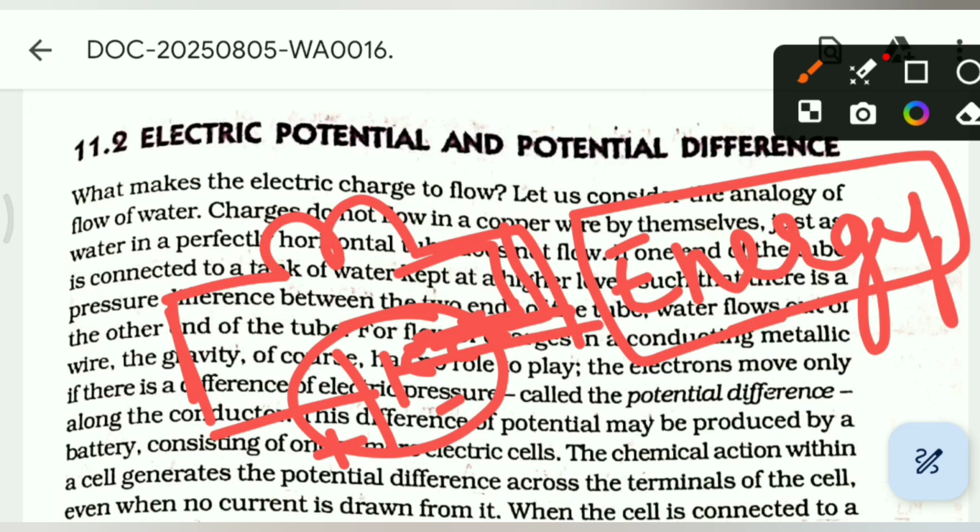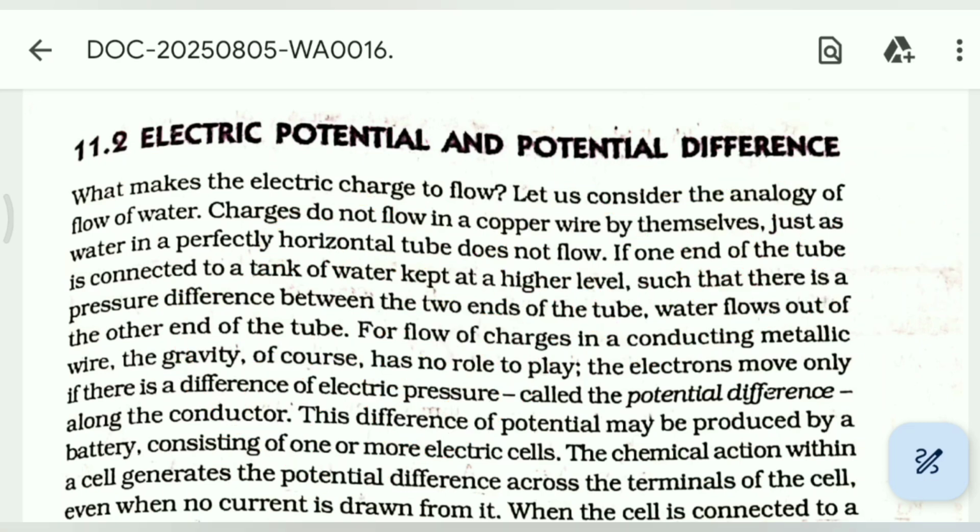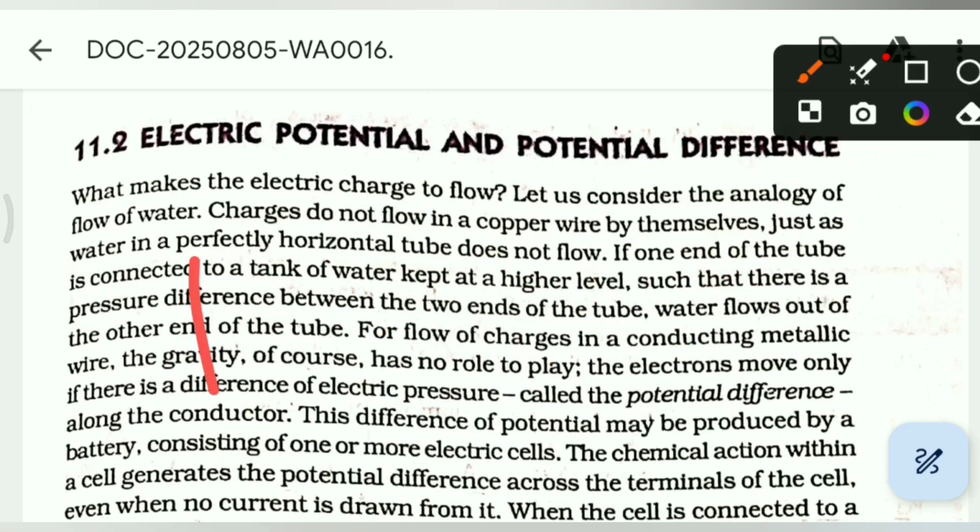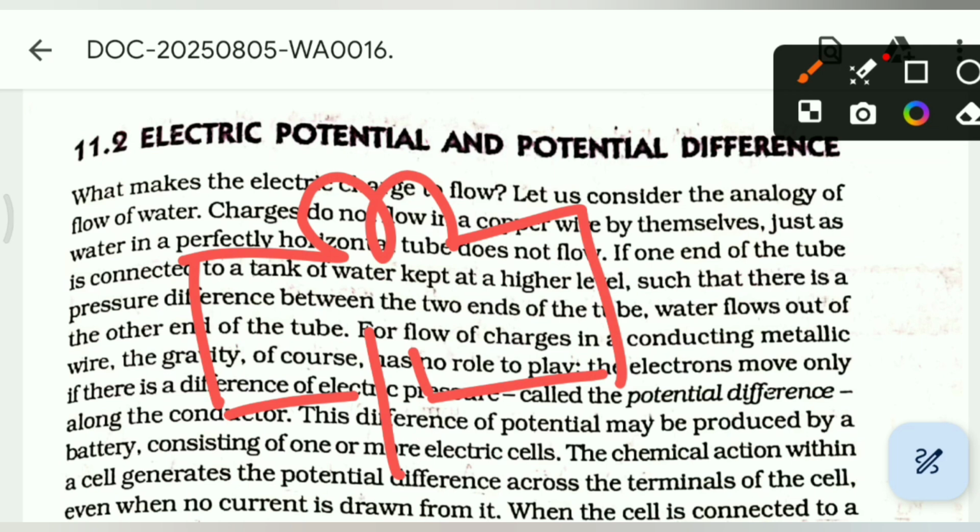But what happens in this battery? Actually, a battery has two terminals, one positive terminal and another negative terminal. But my question is, how do you say that this terminal is positive and this terminal is negative?